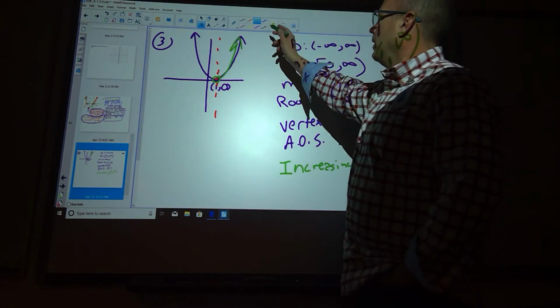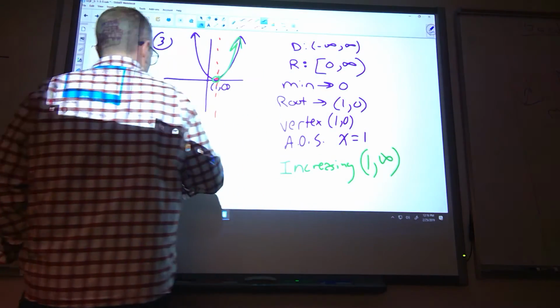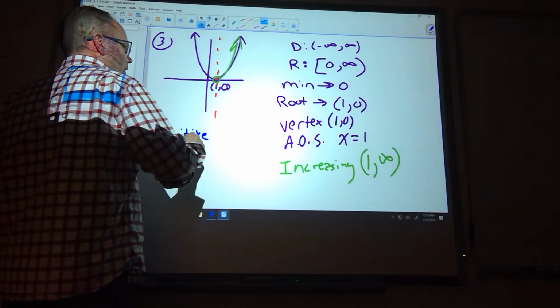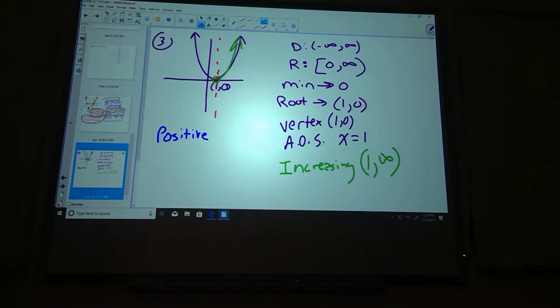And then the interval where it's positive. This is a little bit of a gotcha problem. Every point's going to work except for 1. Which point do you think won't work up there where it's positive, where it is above the x-axis? What happens at 1? It hits the vertex, so it hits the x-axis.